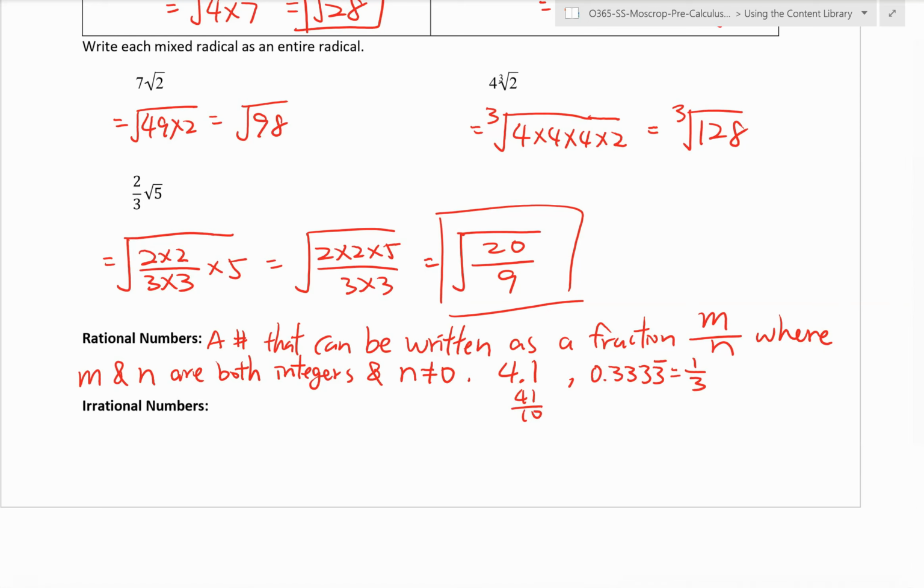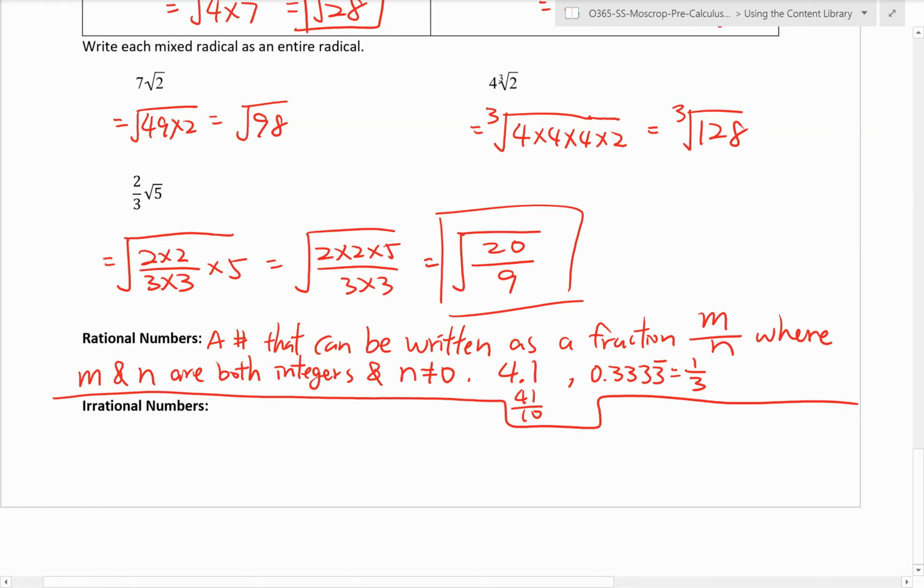So then you might think, in that case, what's not a rational number? Here is the definition of an irrational number. The definition of an irrational number is not a rational number. I'm not even joking. That's the definition of it: not a rational number, within the real number system, of course.